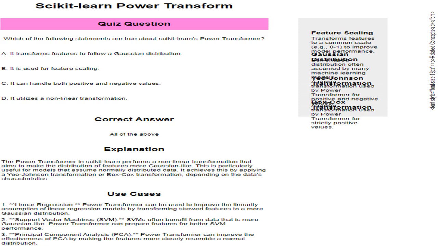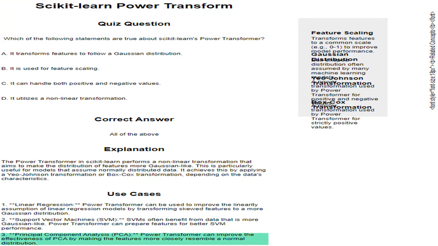Yeo-Johnson transformation. Let's say we have the data 1, 2, 3, 4, 5, 10, 15, 20, which is skewed to the right.